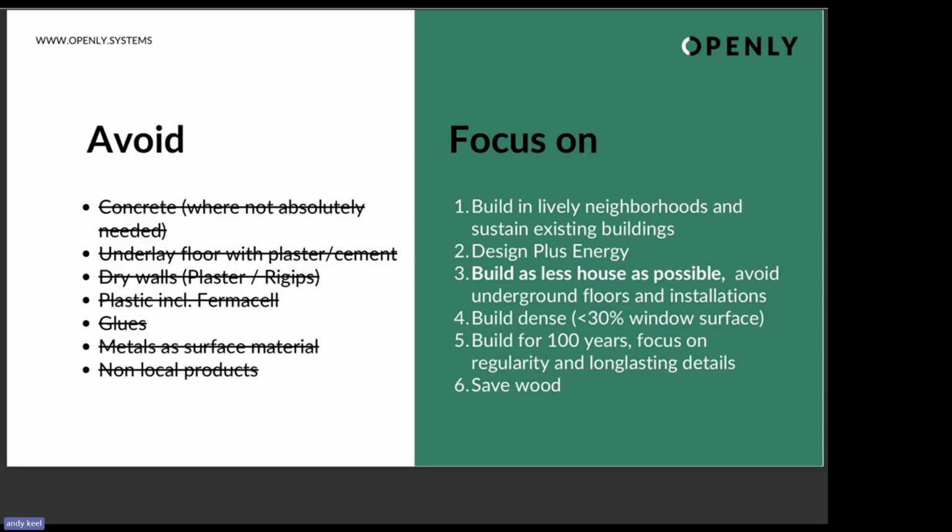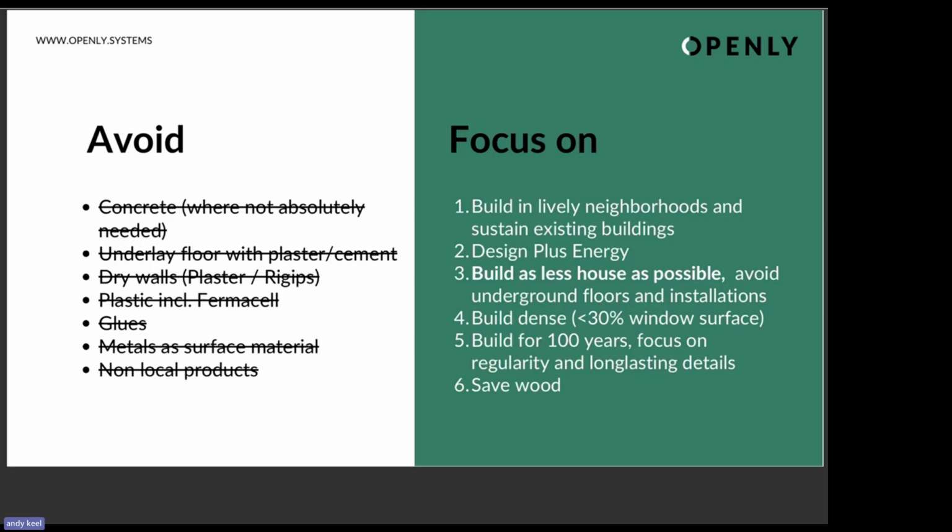And avoid basically means avoid concrete as the main issue of CO2. But of course also plastic, Styrofoam, glues, materials, metals, and so on. And on the other hand, we need to focus on lively neighborhoods, on plus energy.